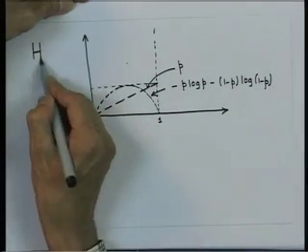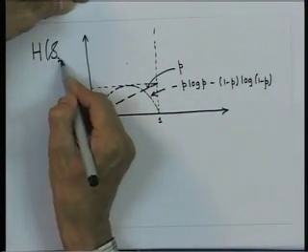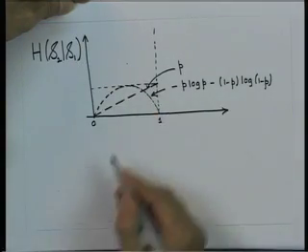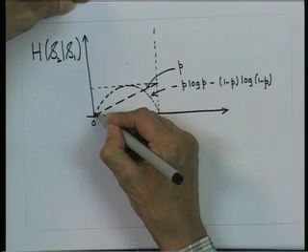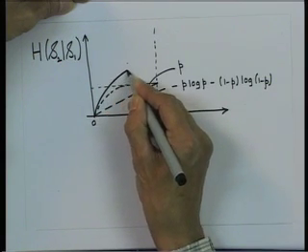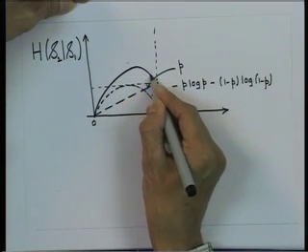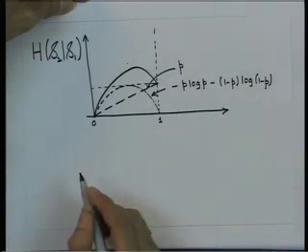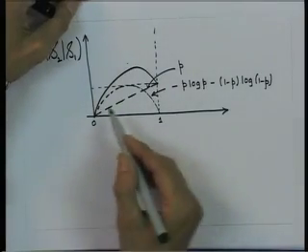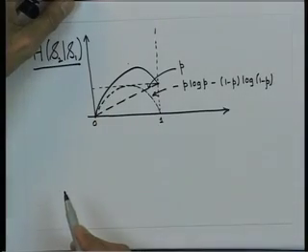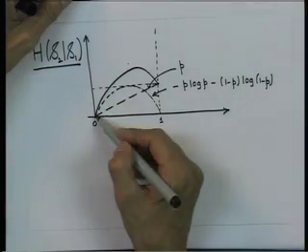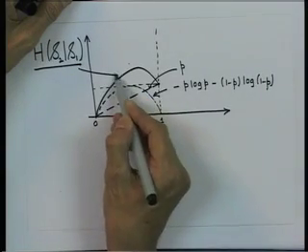So, my H of S2 given S1 would be the sum of this, and that will turn out to be something like this. So, if you look at this additional information, this is the graph for this.